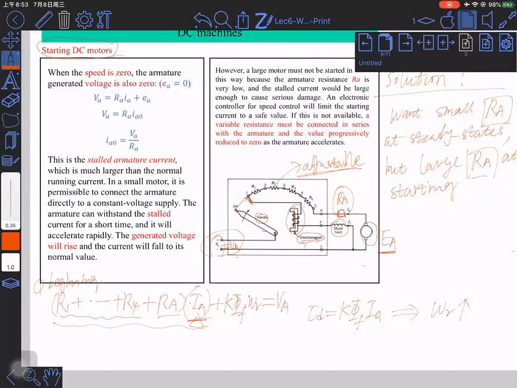So obviously, if you move it to the right-hand side, a certain part of VA is canceled by K flux times omega R. Because of this, if we still have all the parts of the adjustable resistor inside the circuit, the IA will be reduced. So what we do is that once we reach a certain speed, we cut off one section.